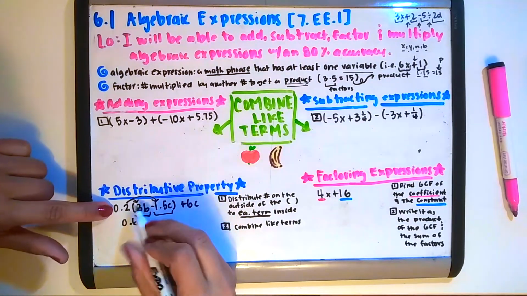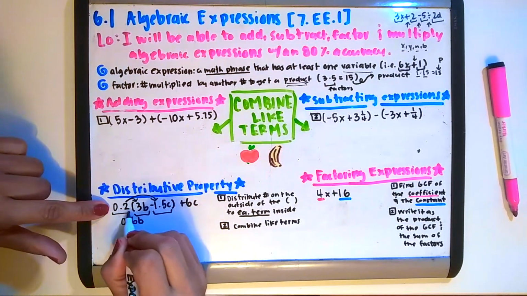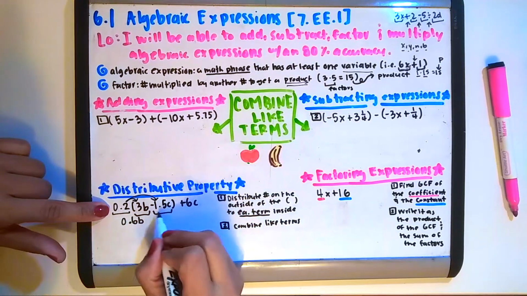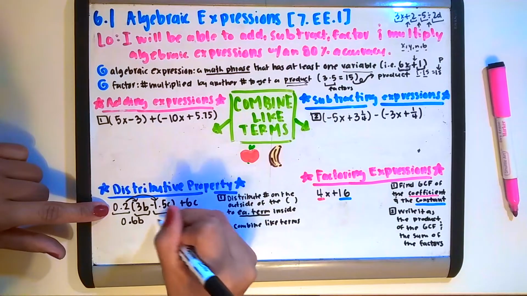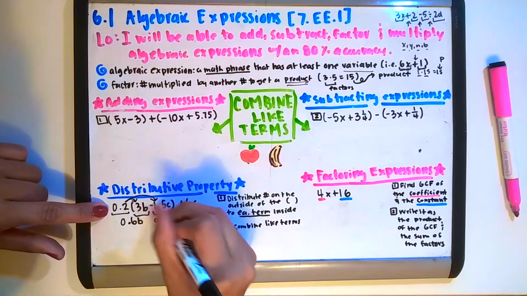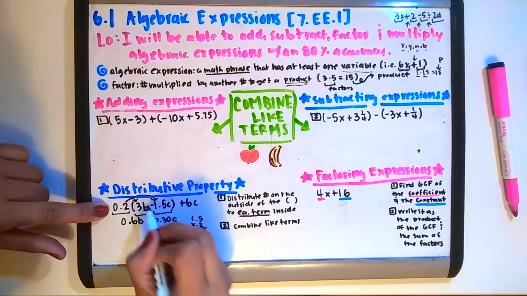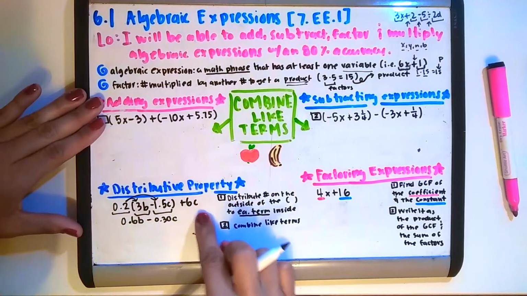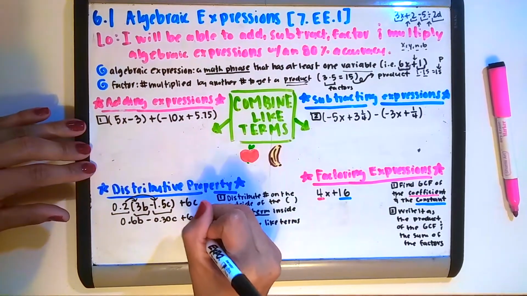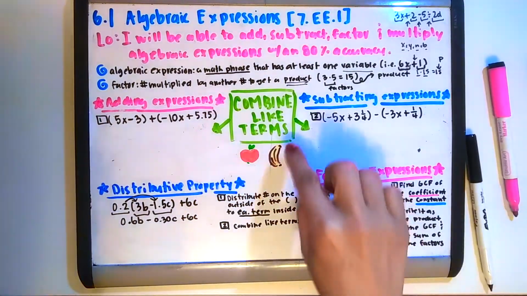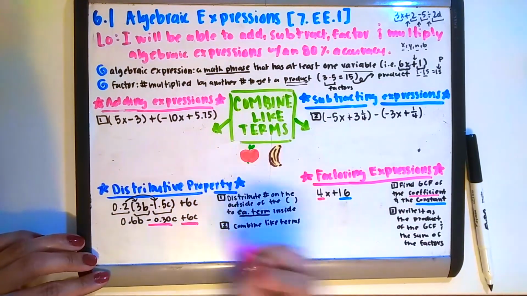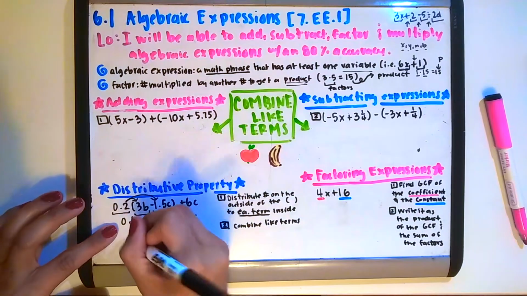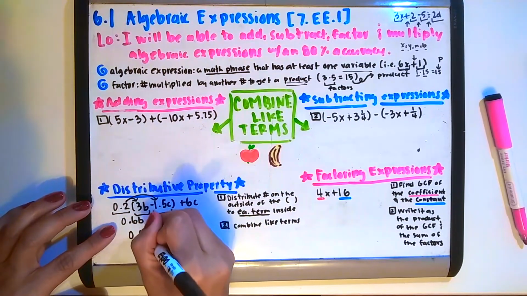And then I'm going to take this. I'm going to say 0.2 or 2/10 times that. And that's going to give me 30 hundredths. Don't forget the c. Okay, and there's a minus in there, so I'm going to bring that down. And I'm going to add plus 6c. Now, in this case, again, I'm going to combine like terms. And I don't have any more b's, but I do have c's right here. So I'm going to bring this one down. So I have 0.6b.